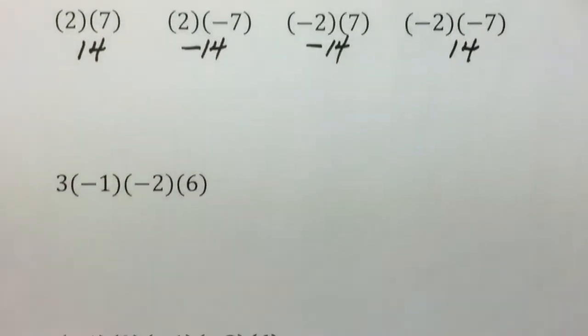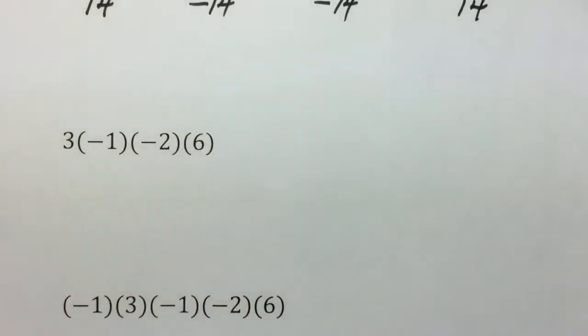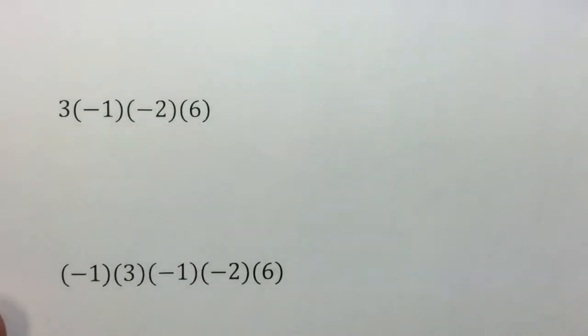Let's take a look at some problems when there are 3 or more numbers multiplied. We can order and group the numbers as we please because of the commutative and associative laws.